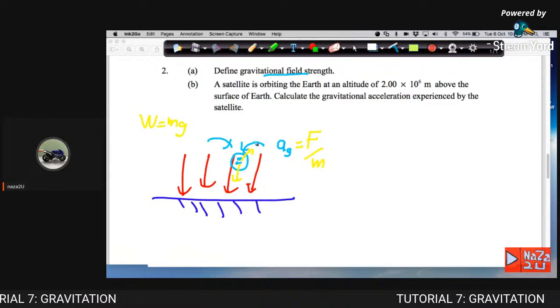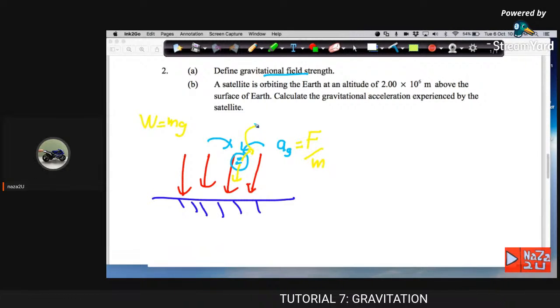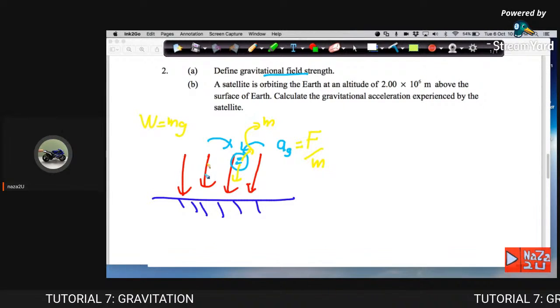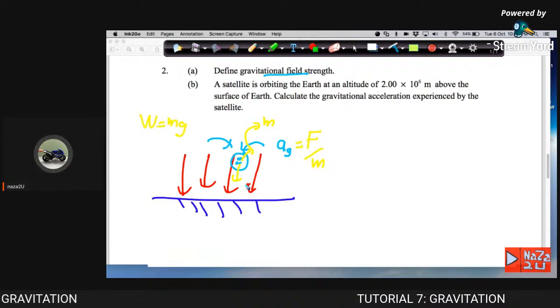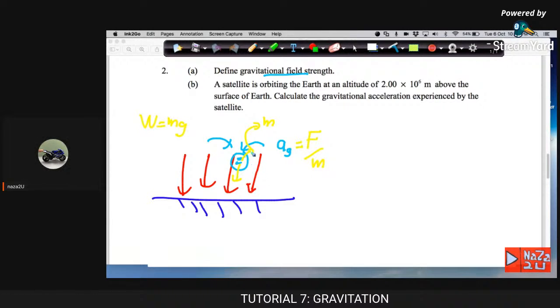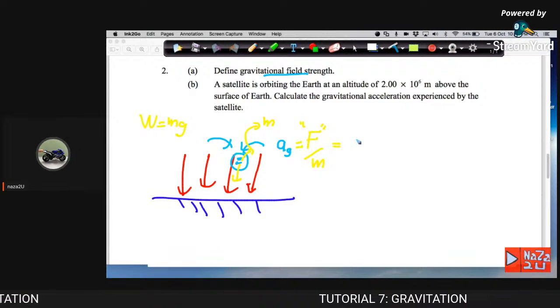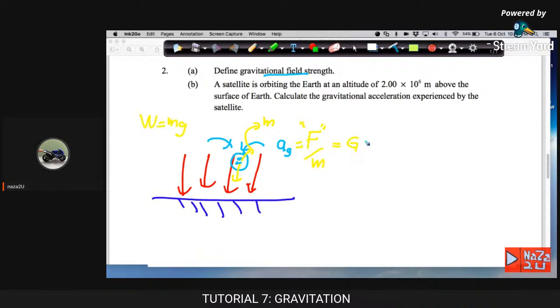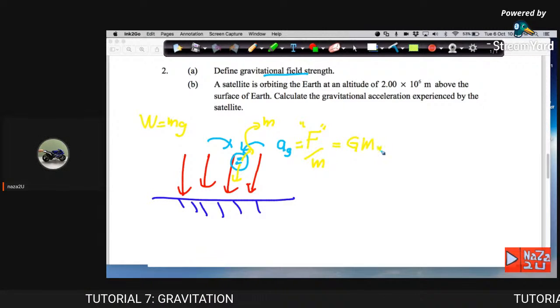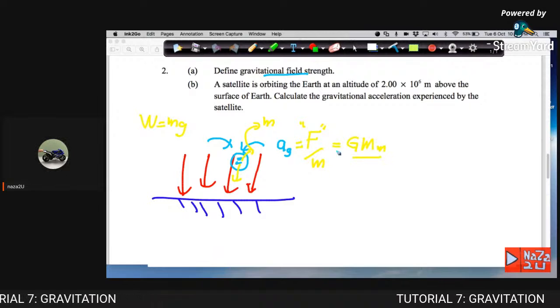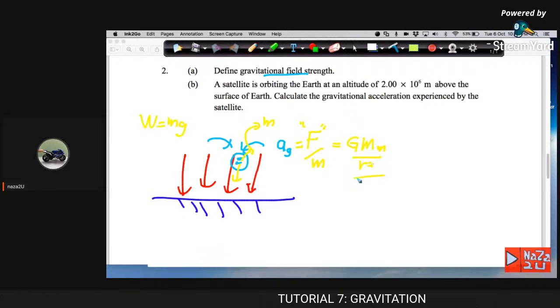Jadi kalau kita ada satu jasad, mass dia adalah m, letak dalam satu area ataupun kawasan field, gravitational field, dia akan dikenakan dengan satu force kat sini. Tapi force kita tahu adalah gravitational force adalah G M kecil m besar divided by r square, divided by m.